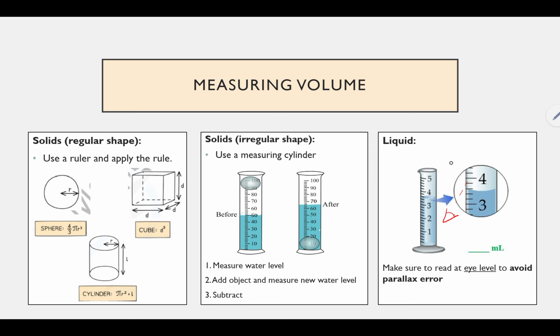If I'm trying to read from the top, I will get the number that is slightly below. Hence, I should always read at eye level in order to make sure that my reading is correct and I'm avoiding parallax error.